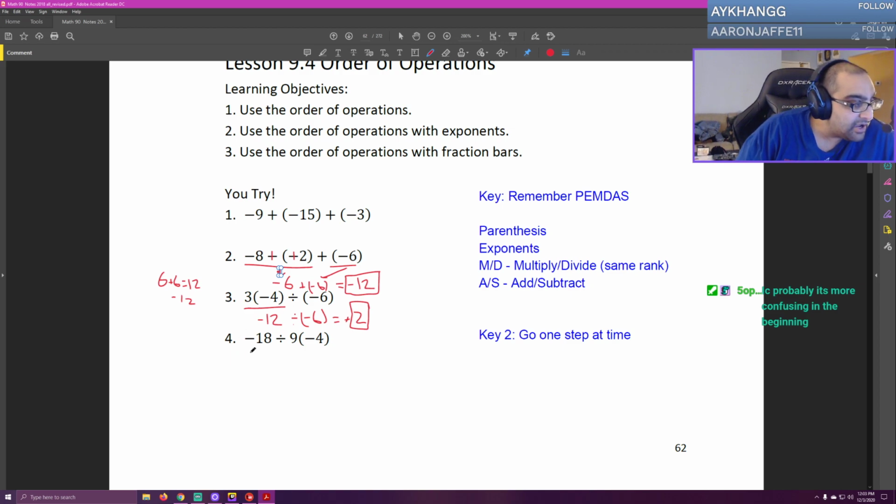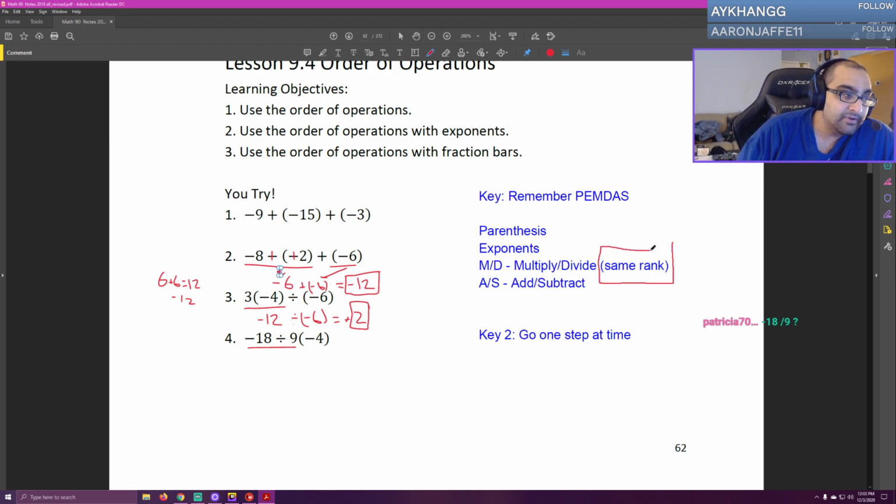Meaning to say, I see division here first, so I'm going to do the division first. Remember, just because the word multiply comes first doesn't mean it comes first in terms of actually doing the operation. That's why I put same rank here. I want you to remind yourself of that because that's going to be very important.